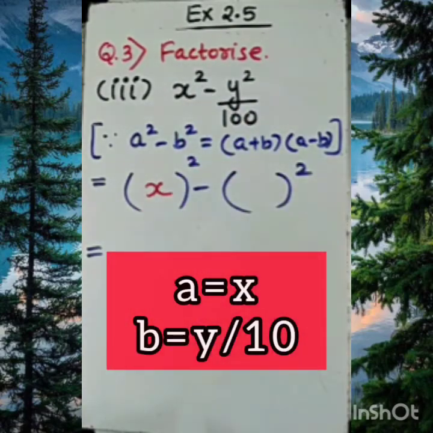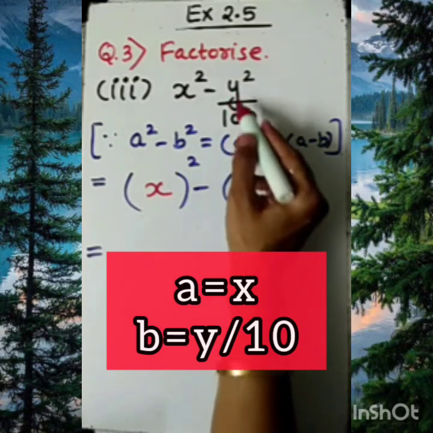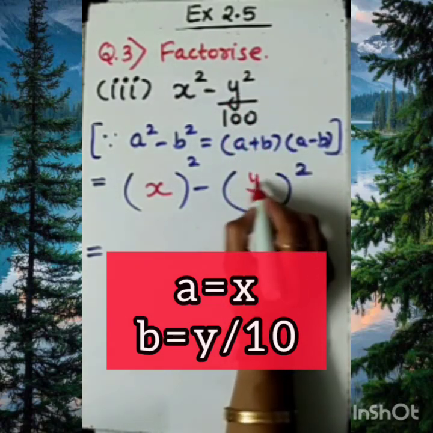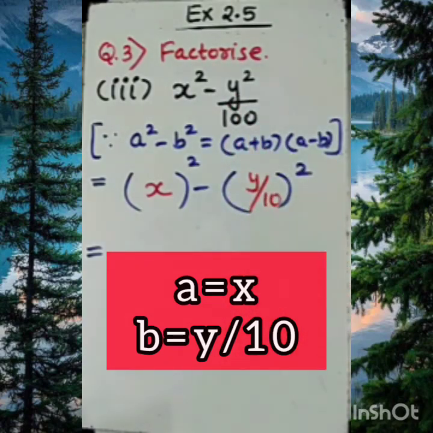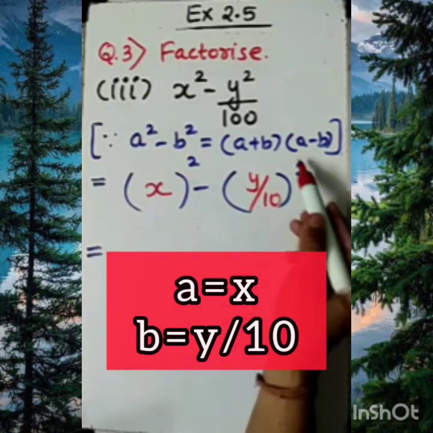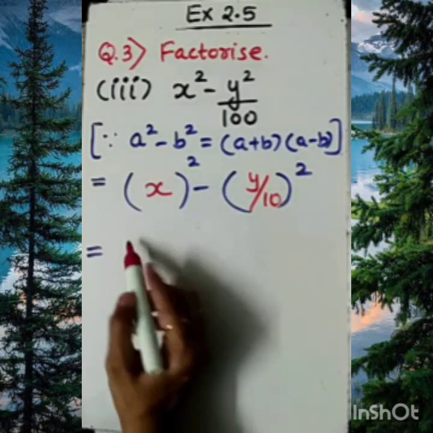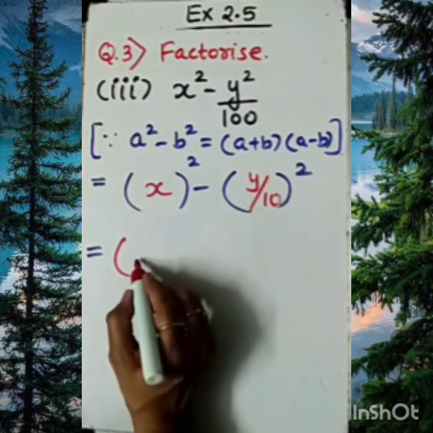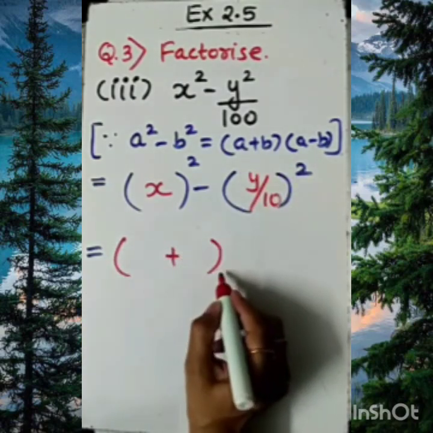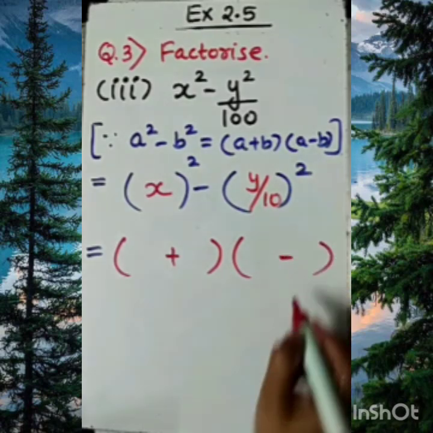So it is the square of x. What about y square by 100? Of course, it is a square of y by 10. Why? Because y square is y square and 10 square will be 100. So dear student, here we need to mention a plus b and a minus b.